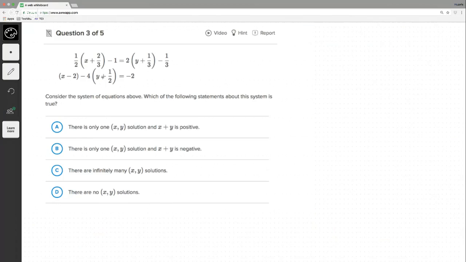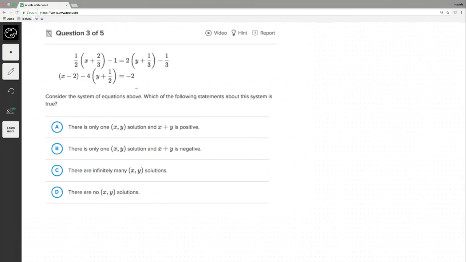But let's see. Again, the one solution comes into play with our slope. Oh my gosh. You know what they've done here? They've put this into, no, it's not point slope. I was going to say it's point slope, but it's not.